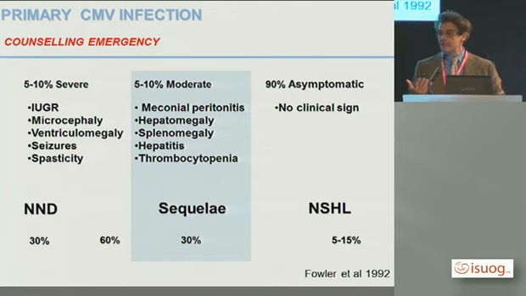Asymptomatic means easily no signs whatsoever. Severely symptomatic with any virus, and especially CMV, is severe IUGR, microcephaly, ventriculomegaly, hydrocephalus, the full blown picture.